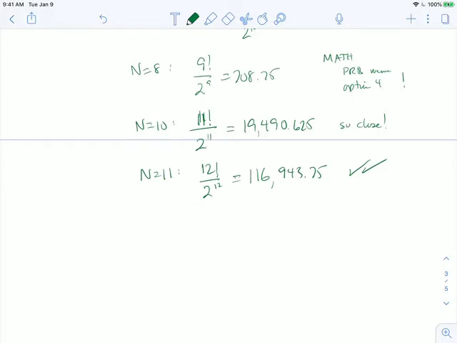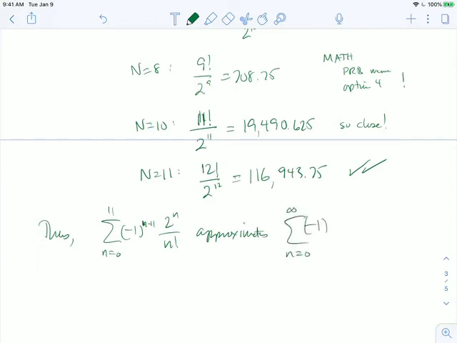And so what I conclude is that if I want to approximate this convergent alternating series to within 1/20,000th, I'm going to stop with 11. So if I go from 0 to 11, that's going to approximate the sum from 0 to infinity to within 1/20,000th.